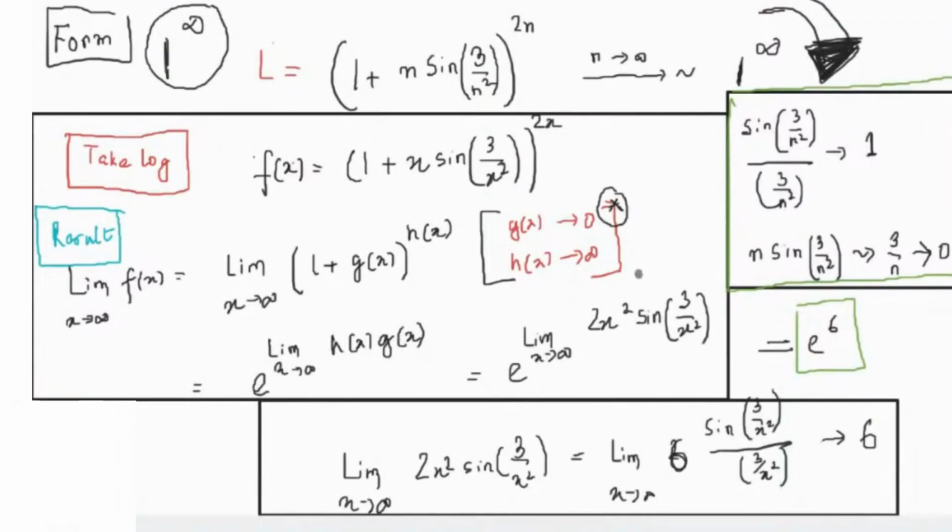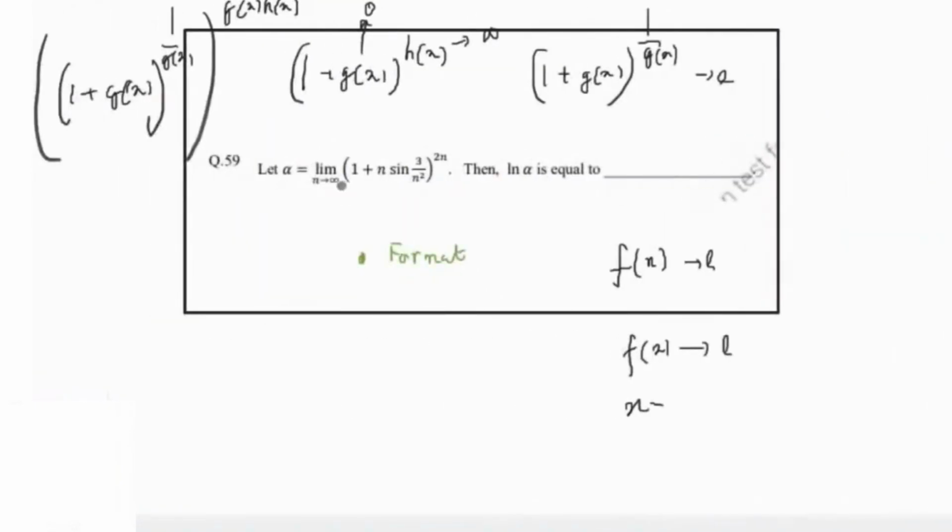If you put in the h(x) and g(x) values, you have 2x squared sine 3 by x squared, and use the same idea: sine 3 by x squared by 3 by x squared will go to 1. The corresponding adjusting factor is 6, so this limit will be 6. That means this will be e to the power 6. So you need to find log of this limit, which turns out to be 6.